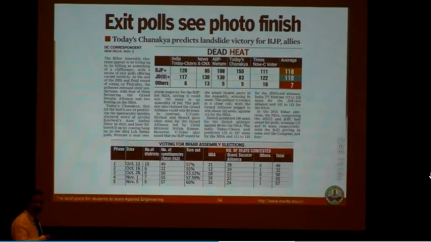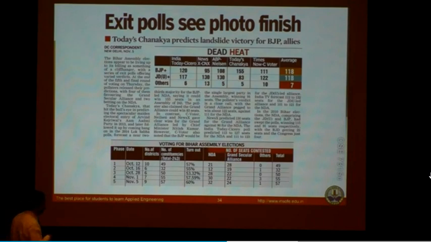And these people are very nice, the newspaper people. What they have done is nicely to have this screaming headline there. They actually average all of these to get 118, average all of these to get 118, and then they say there is a photo finish.